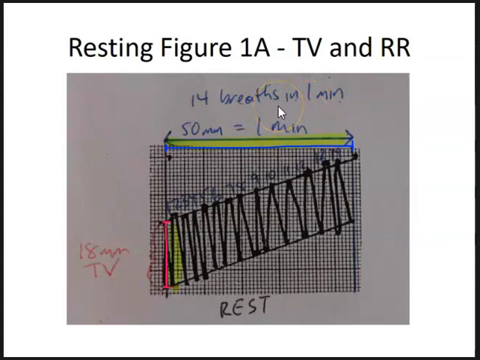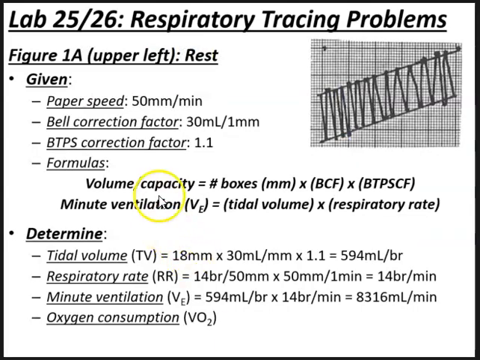So we use that value, and then we can start plugging in our numbers for the volume capacity formula. I'll just click ahead really quick. So we can see, using this formula again, volume or capacity equals the number of boxes times the bell correction factor times the BTPS correction factor. Using the numbers that we obtained by counting the boxes for tidal volume, it was 18 boxes or 18 millimeters.